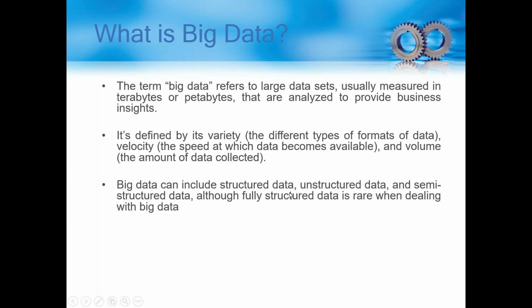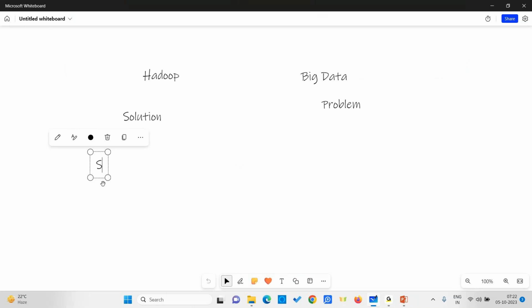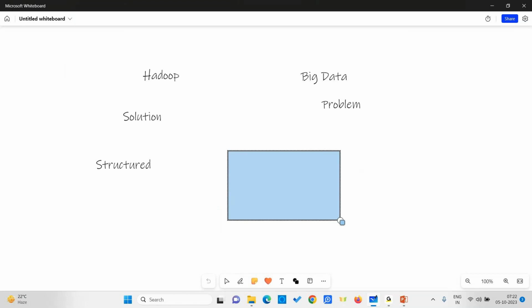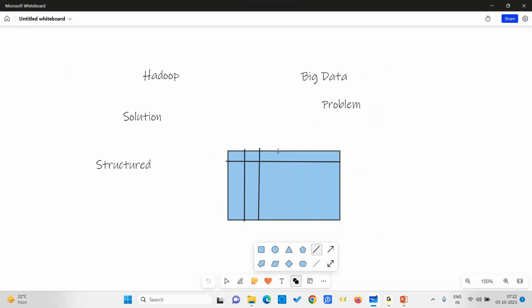Structured in the sense it is available in the form of tables, like it contains a header and then it contains rows and columns.